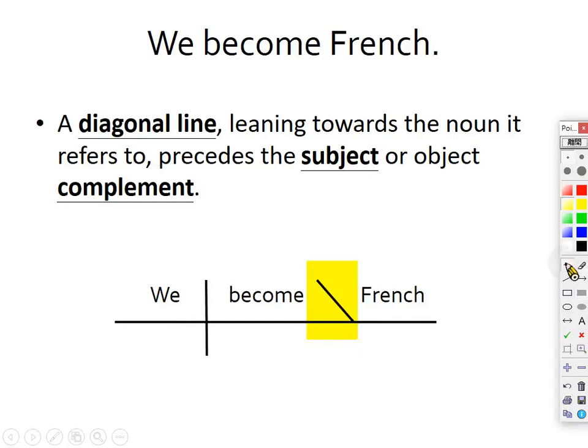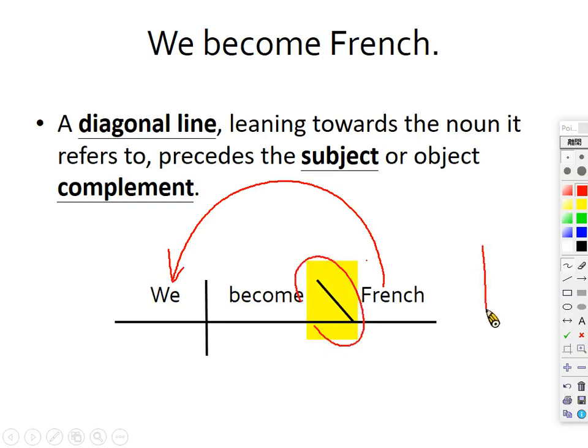So it is a subject complement. This is a subject complement used to be equal to we. So we become French. Look here. We use a diagonal instead of vertical line. Why? Because a shorter vertical line is used to divide verb and object.